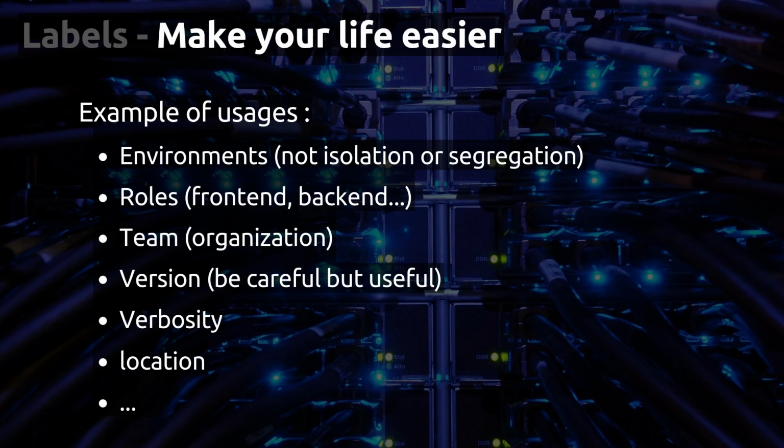The roles: if your application is on the front-end side or back-end side, etc. The team or organization: the dev team, SRE team, monitoring team. You can specify the version also, and each of these kinds is specifically used by labels, and the verbosity if you want, and the location.